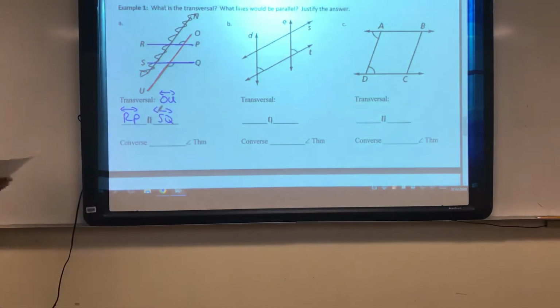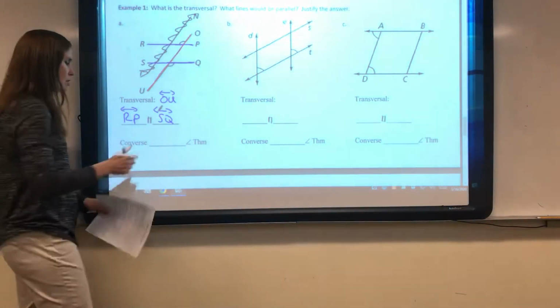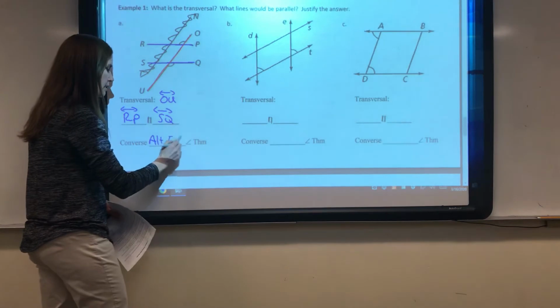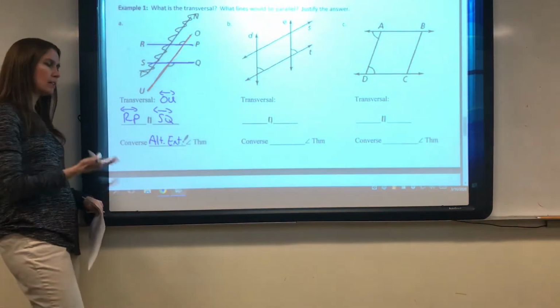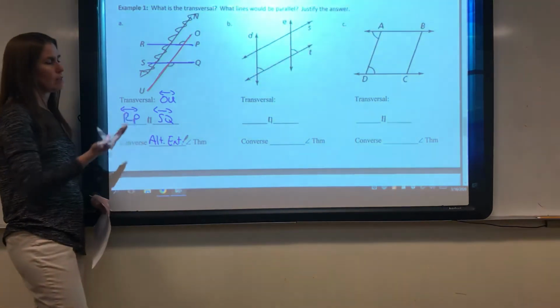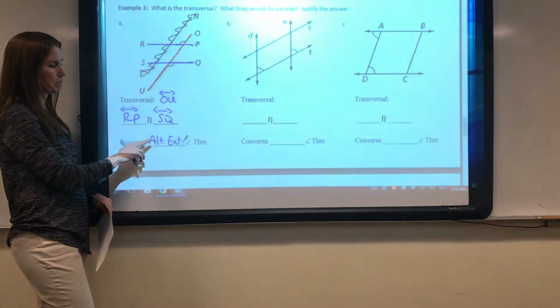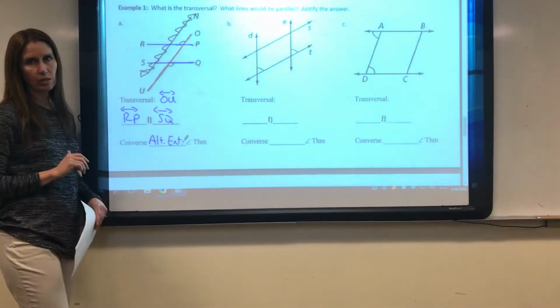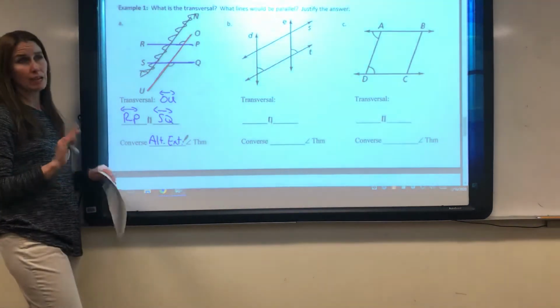Okay, and then I can say, well, what kind of angles are those two angles? Well, they're alternate exterior, so I can say it's the converse of the alternate exterior angle theorem. But again, when we write this reason in proofs or on our homework, we don't want to call it the converse alternate exterior angle theorem. The reason is a lot of people will get confused of which one that actually means.